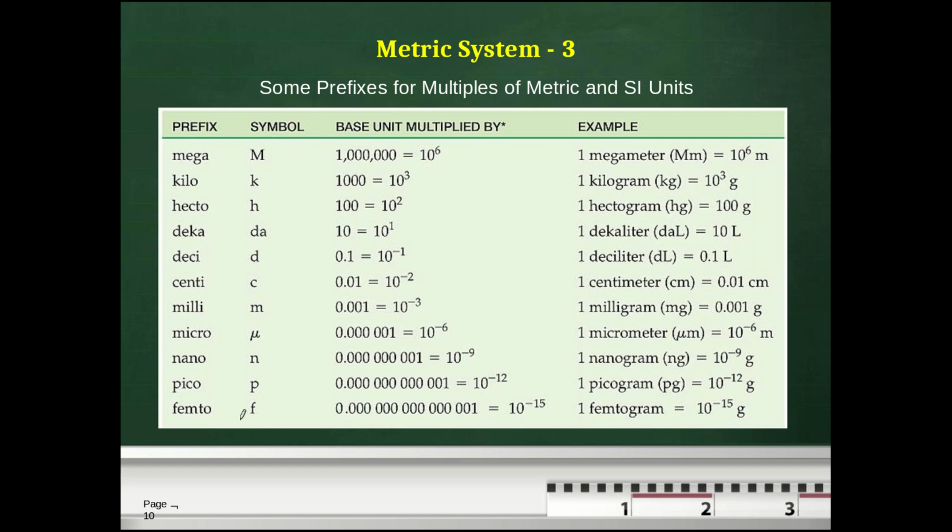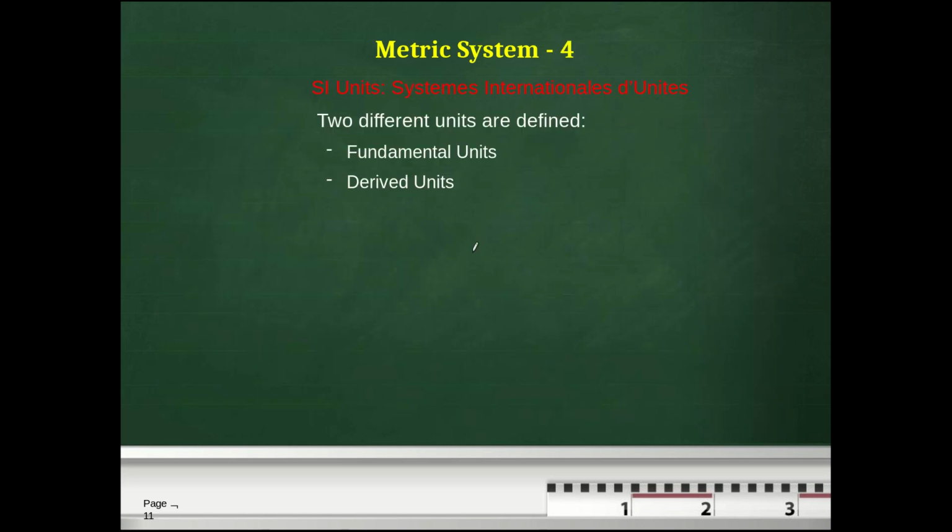So this is the prefix we put before, and these are the symbols. It goes from deca, hecto, kilo, mega, and on the other side 0.1, 0.01, centimeter, millimeter, micro. So these are the prefixes that we use as a metric standard.